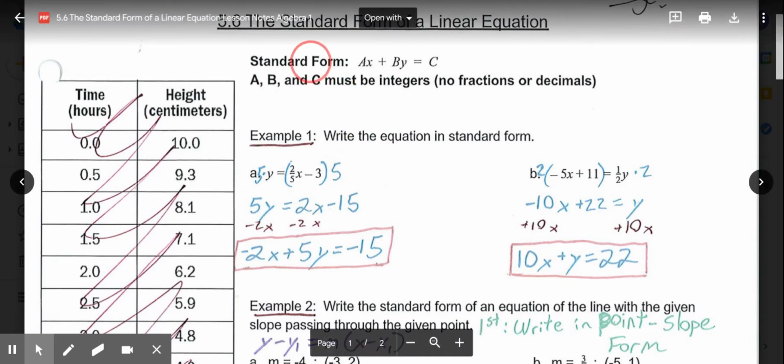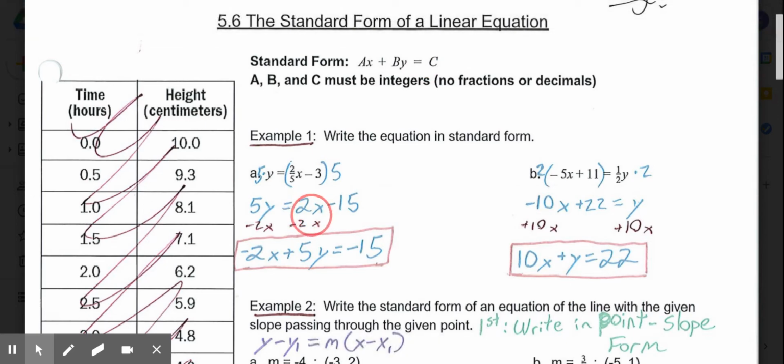Well, according to standard form, I need my x and y on the same side, and then c is a number on its own on the right. So I need to get rid of this positive 2x from the right-hand side. So how do I get rid of the positive 2x? I subtract 2x from each side of the equals.